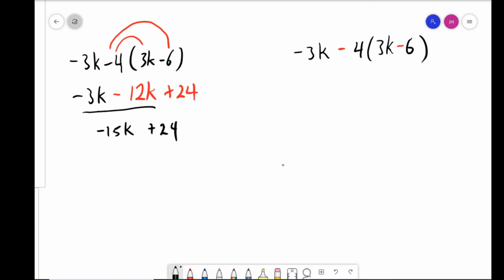Now I'll again bring down the -3k, put the minus sign here, because I think the minus sign often confuses people, so that's fine if you don't like the way I do it in the first place. I'll show you secondly. So make all the operations consistent.